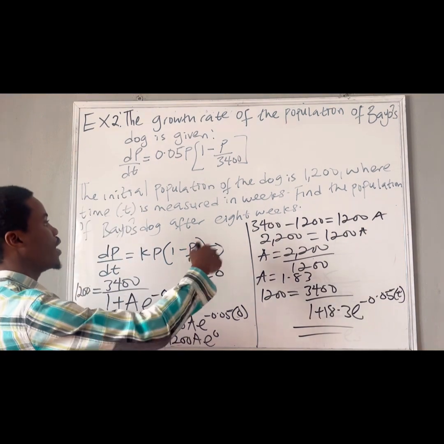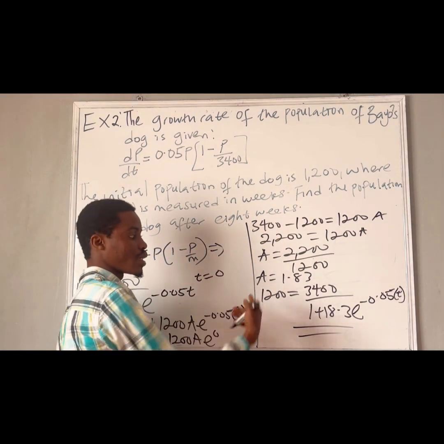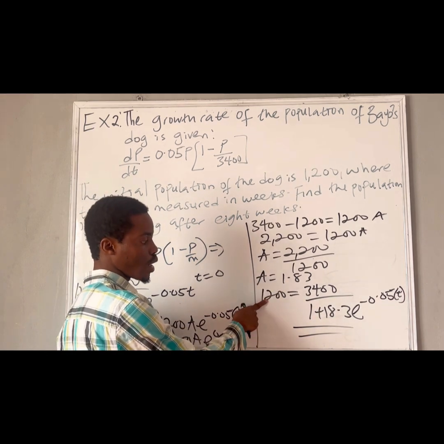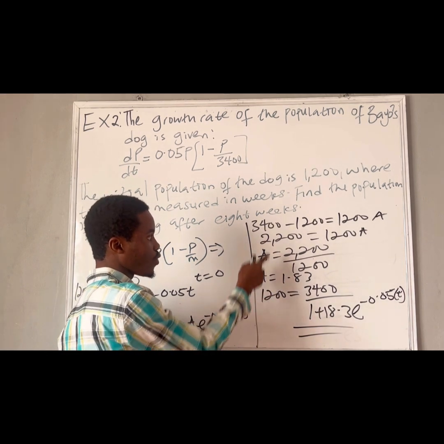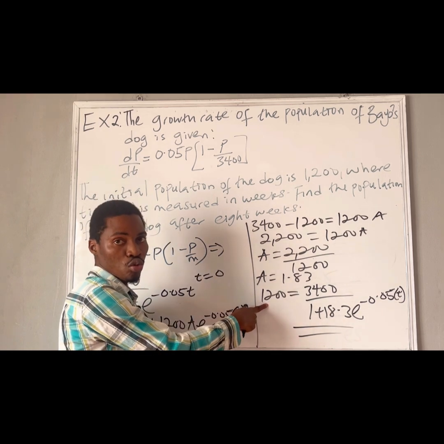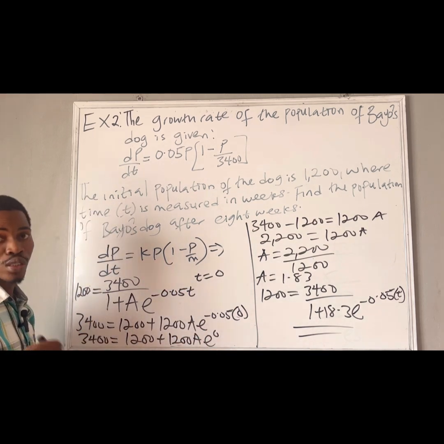Now find the population of buyer's dog after 8 weeks. Since we have gotten our A, we have to find P of t after 8 weeks. So we are not going to use 1,200. We have to use P of t, because we don't know what the population is.